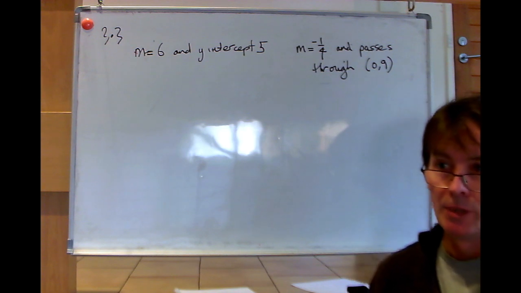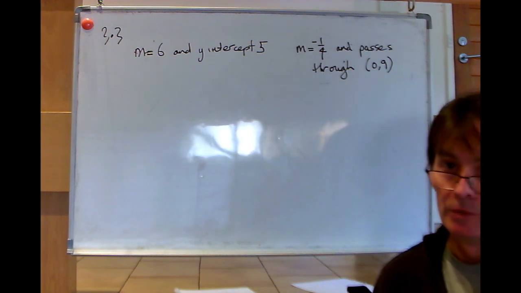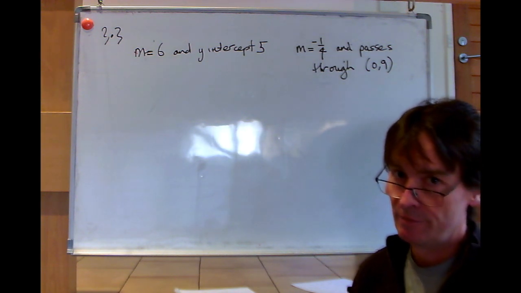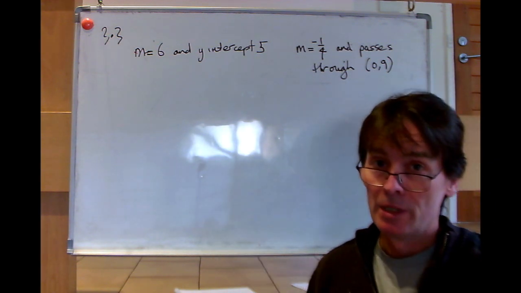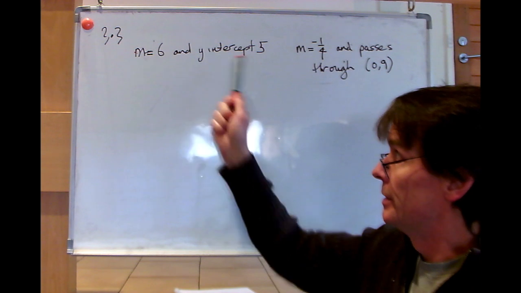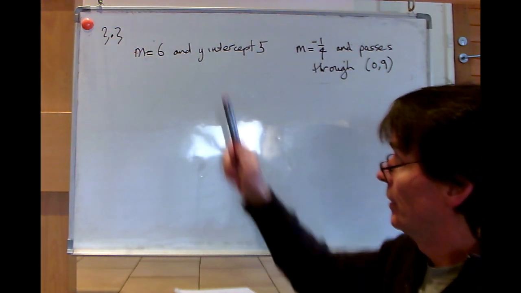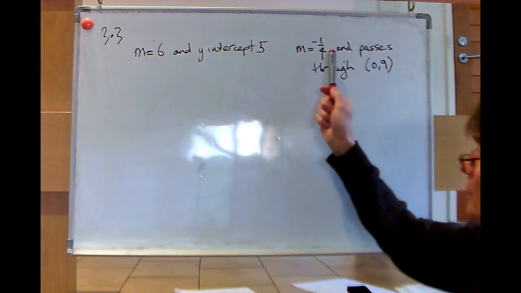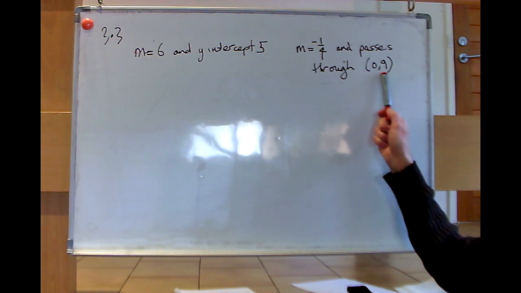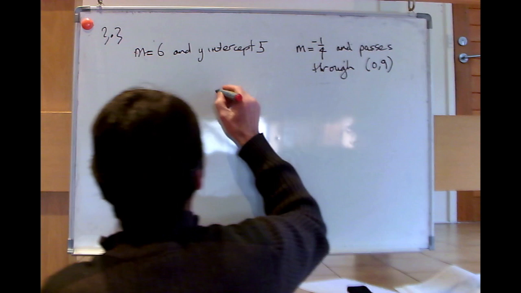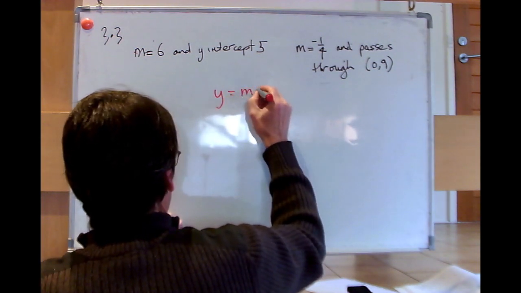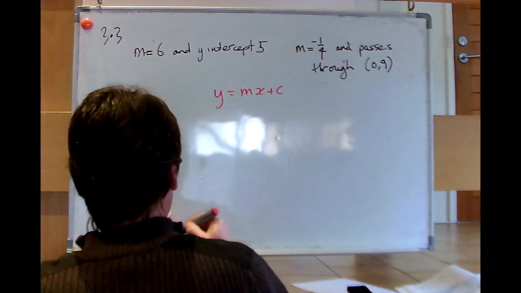If you're asked to find the equation of a line not using a graph, but using some information like this, as long as it tells you what the gradient is and the y-intercept is, whether that is in words or describing a y-intercept with a point, then it's simply a matter of putting it into y equals mx plus c.